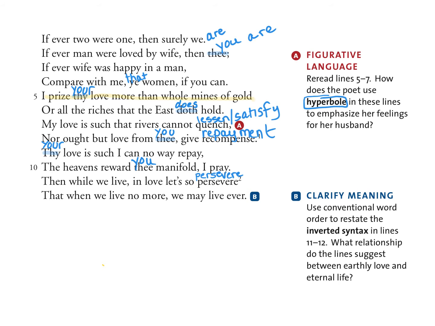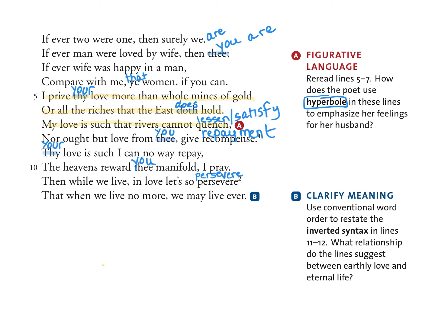Here's your hyperbole, and you should have notes to help you figure out what the exaggeration is. You know, rivers cannot satisfy my love for you. Rivers, and that's a lot of water, okay? So use your notes from class to help there.